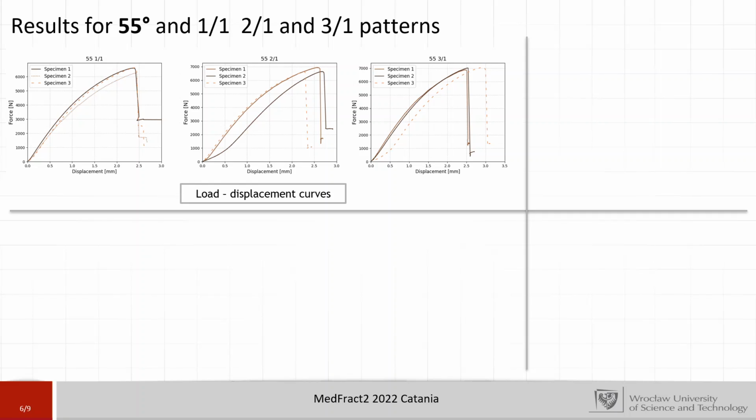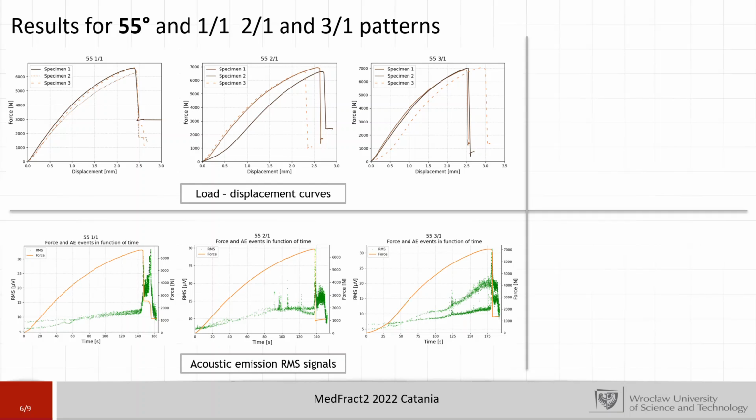A similar result will be shown for the 55 degrees winding angle, and also the load displacement curves are shown, and which is more interesting, the curves with the acoustic emission signals, which are pretty similar to the tendency of 45 degrees.